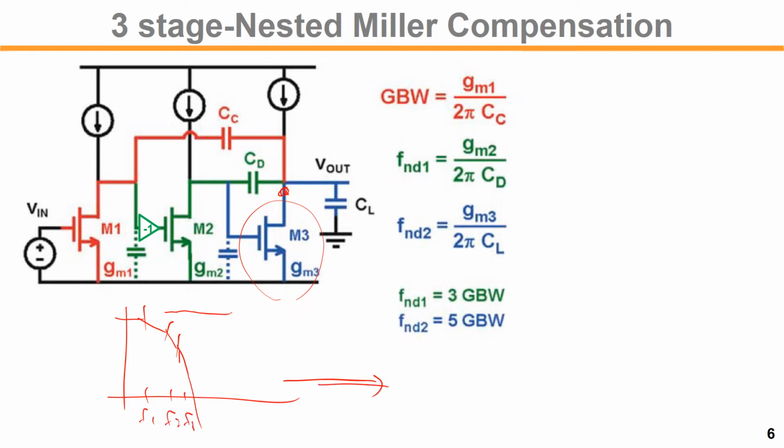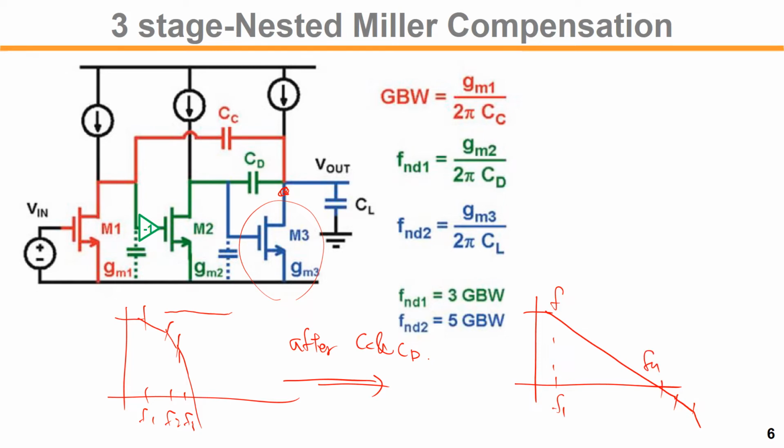After CC and CD, there are two compensating capacitances required. So the same thing happens: F1 and FU here, F2 and F3. All the non-dominant poles, we want to move F2 and F3 greater than FU. That's what we want to have.